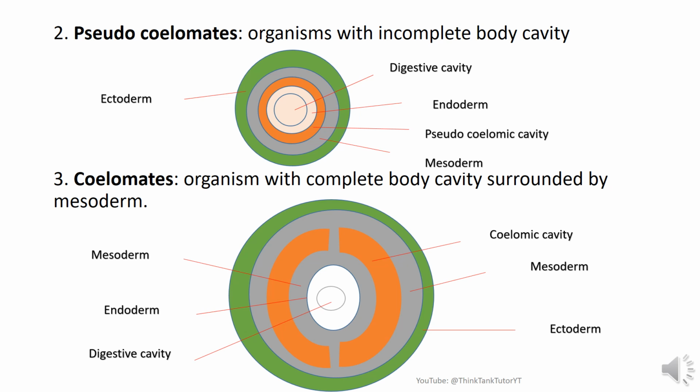As we will see in coelomates, the body cavity is surrounded by the mesoderm layer, but in pseudocoelomates, the ectoderm is directly fused with mesoderm and is preceded by the pseudocoelomic cavity, as we see in the diagram. Third, coelomates are organisms with a complete body cavity surrounded by mesoderm, as you see in the diagram.